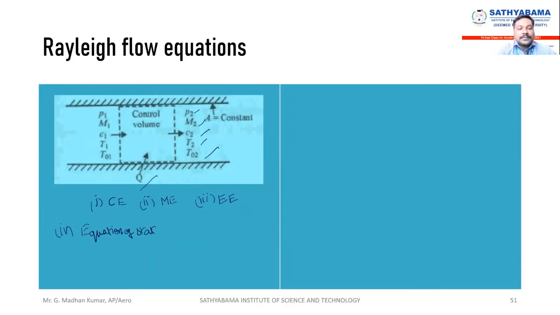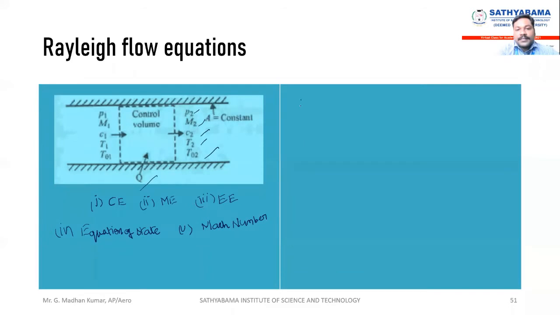And the fifth, the Mach number relation. If we know all these flow equations, we can simplify the flow properties with the help of these five equations.